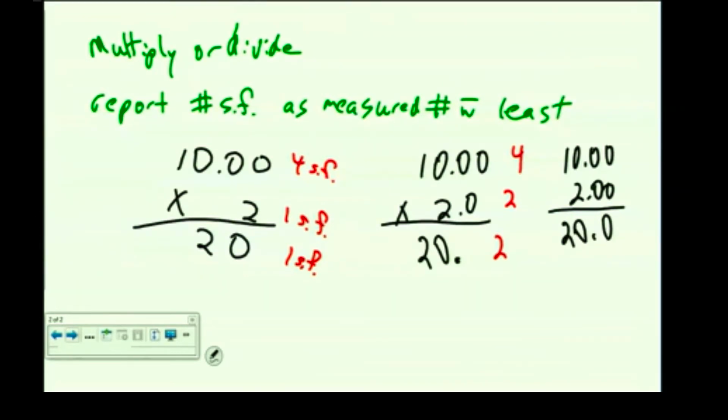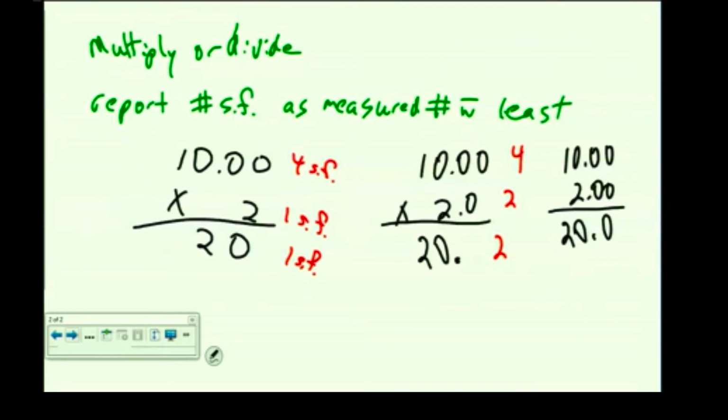Because this measurement was sloppy or not very precise, our answer can't be very precise, is what it's saying. That makes sense, right? Why would you bother to make one precise measurement and one kind of half-cocked measurement? You don't, do you? You would prefer to do things like this, wouldn't you?